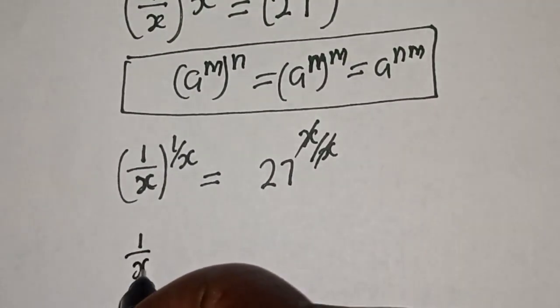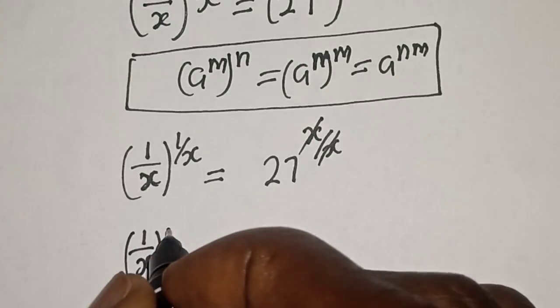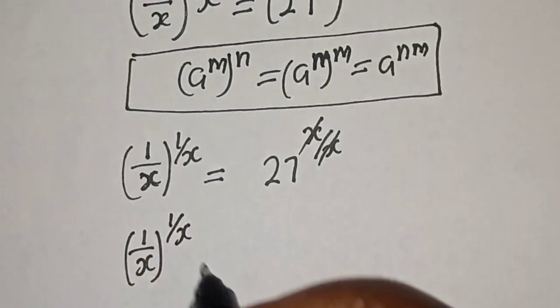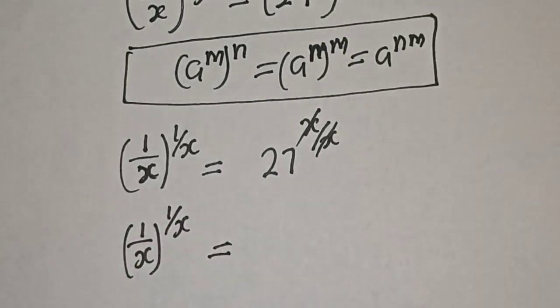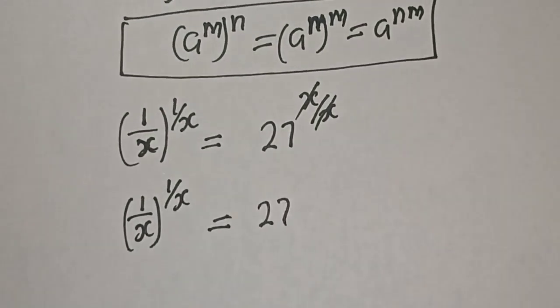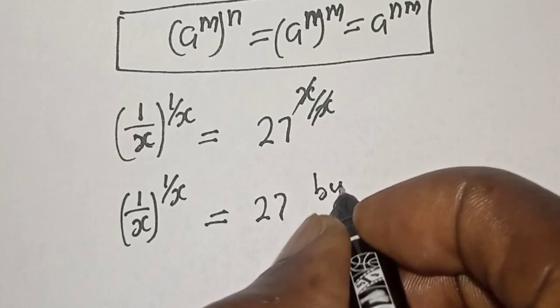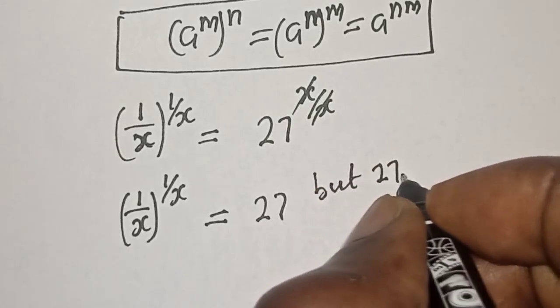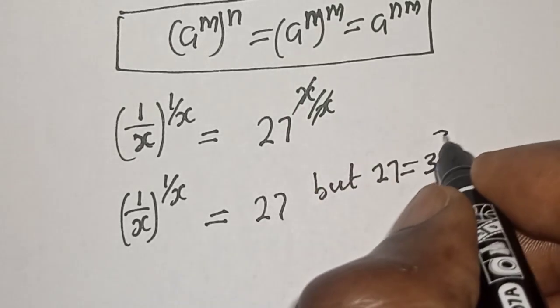1 over x raised to power 1 over x is equal to 27. But 27 is equal to 3 raised to power 3.